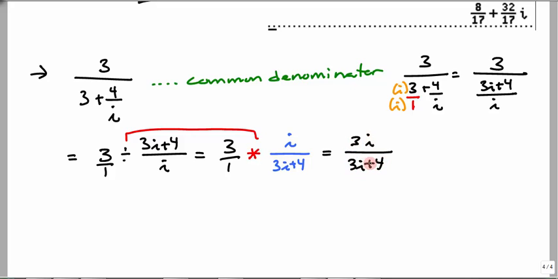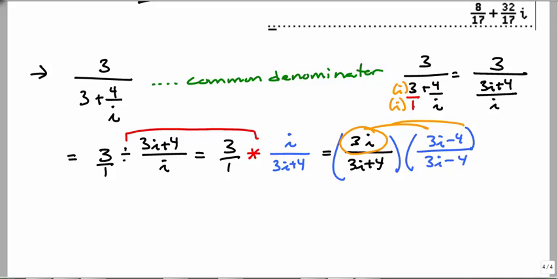So we've done the hard work. Now we have to simplify this, and of course to simplify this we need to multiply it by the conjugate. The conjugate of 3i plus 4 is 3i minus 4. From here, the 3i distributes. 3i times 3i is 9i squared minus 12i.